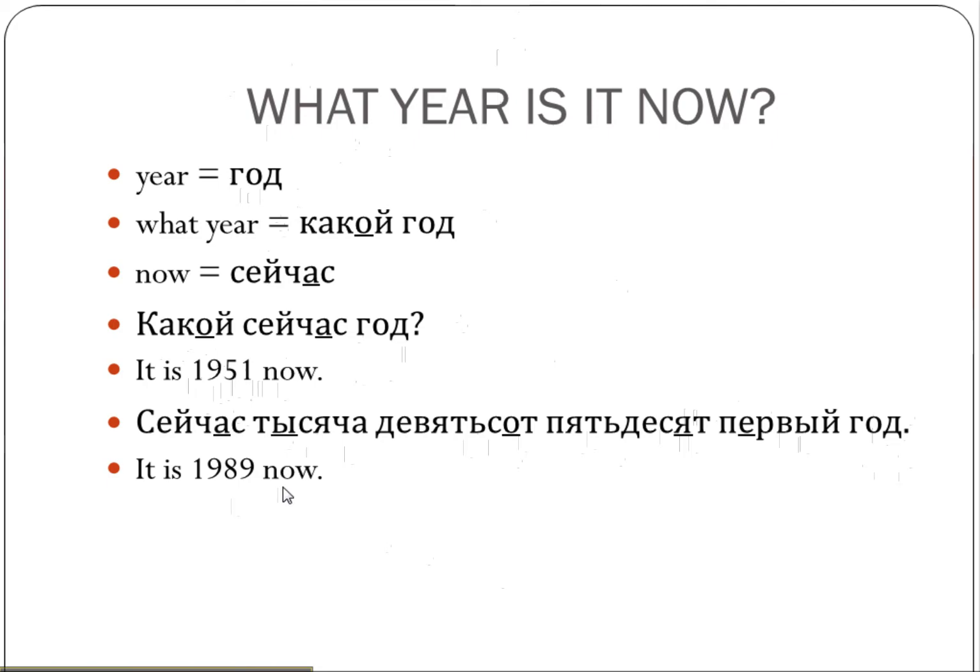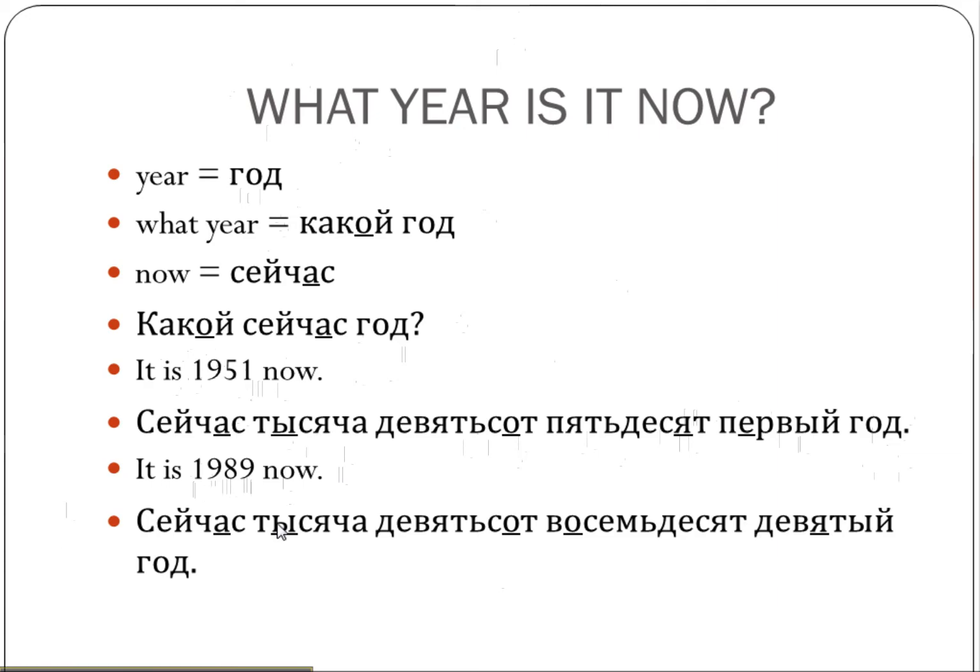Let's look at another example. Can you do this one yourself? So it will be 1000, and we'll start with сейчас now. And then 1980, not 9, but ninth year. Got it? Сейчас 1989 год.